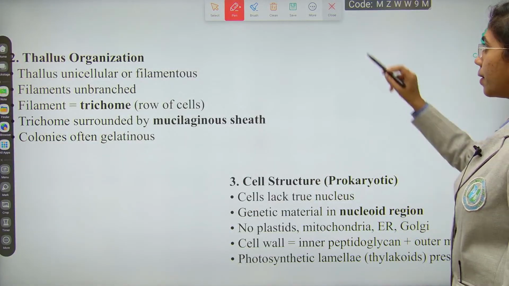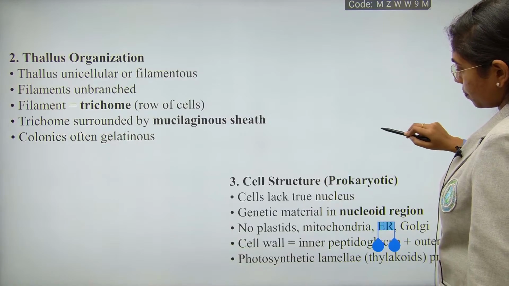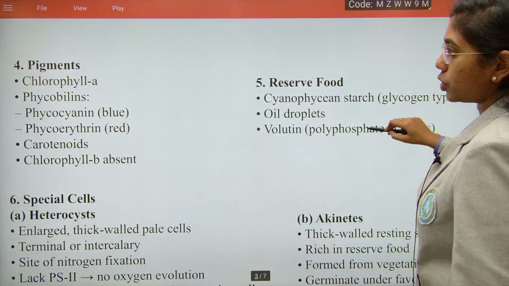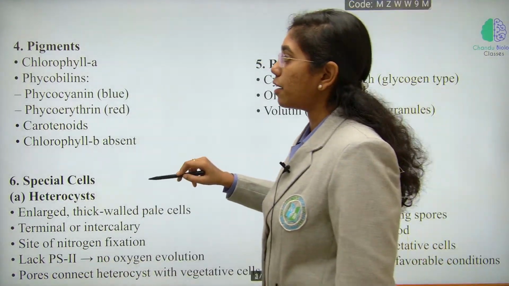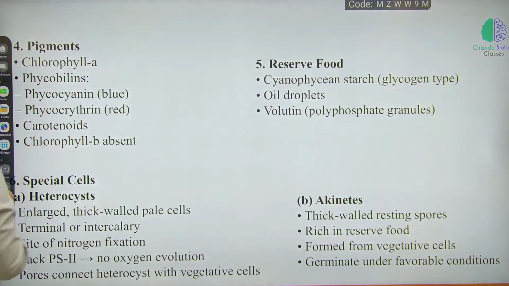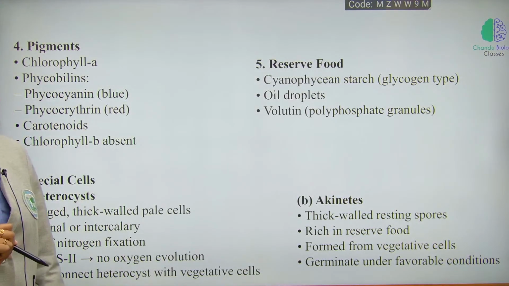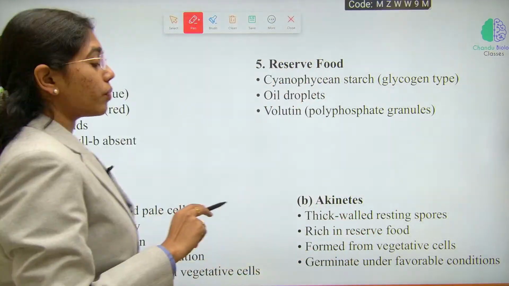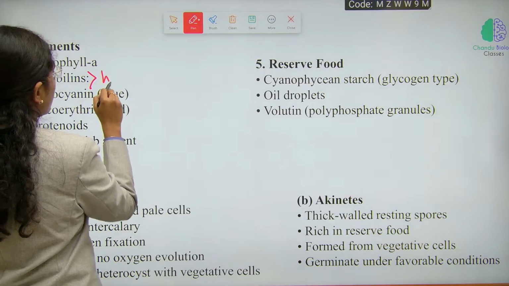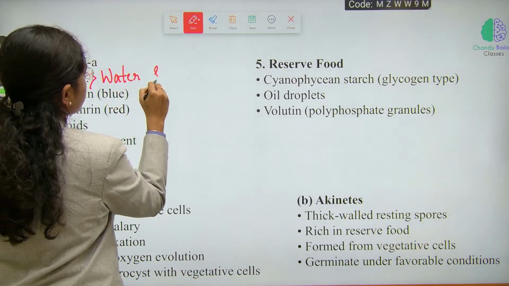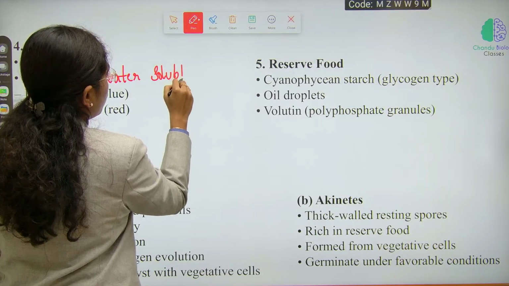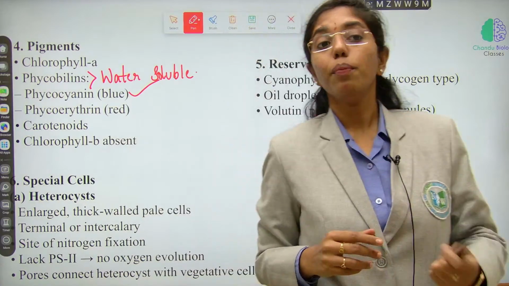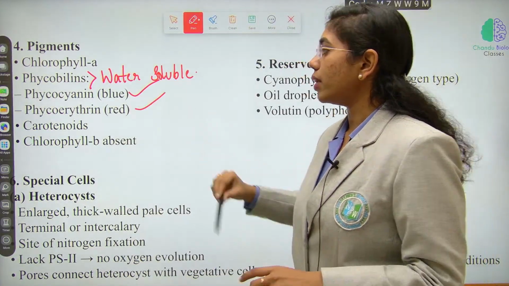And then, pigmentation. Chlorophyll a, and majorly phycobilins. Phycobilins are water soluble pigments, amongst which phycocyanin emits blue color and phycoerythrin emits red color.